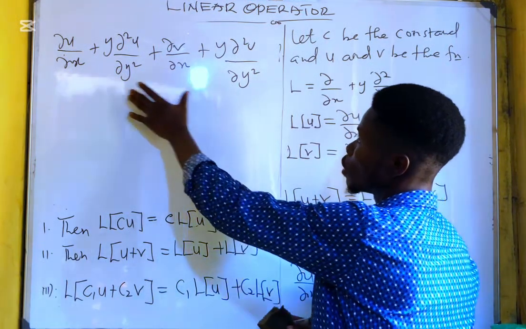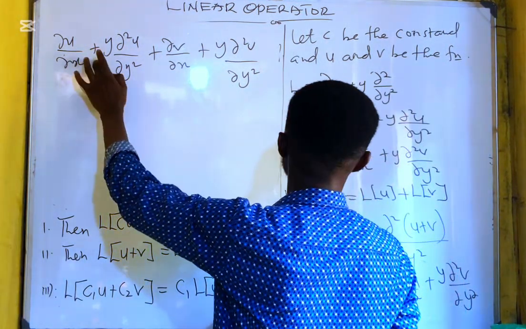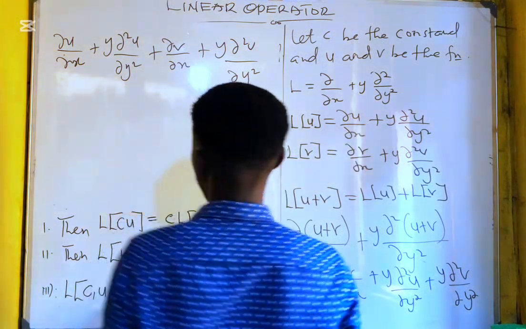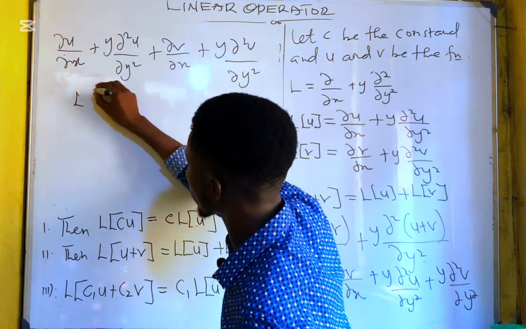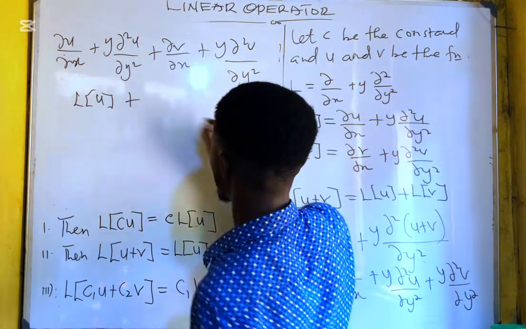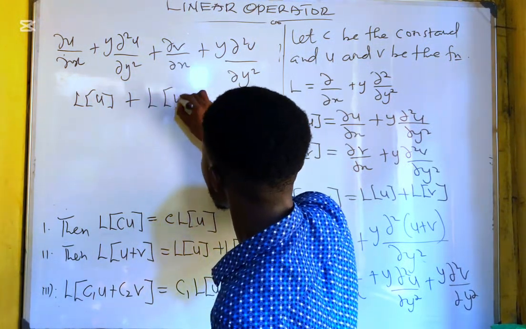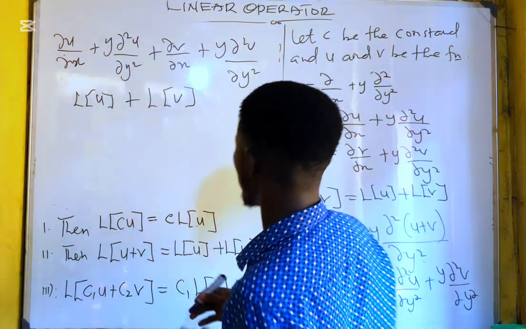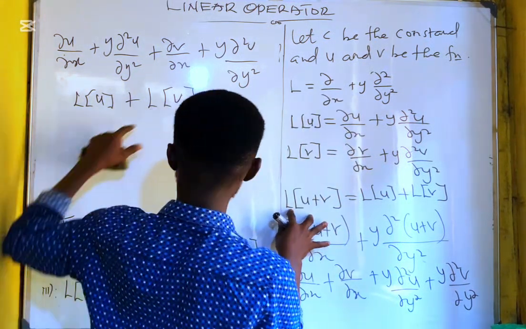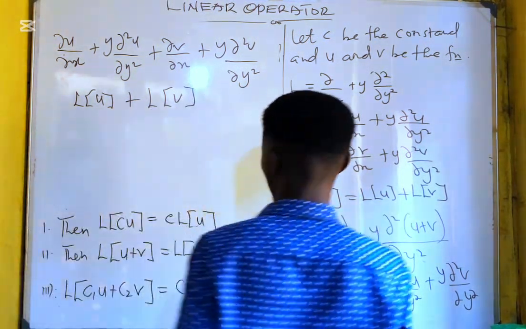Now, look, this one is the same as Lu. Can you see that? So here, I'll replace this by Lu. And this one is the same as Lv. So this will give us Lv. So if you look at this, this is what I've proven. And that one has given me this. So that one too holds.